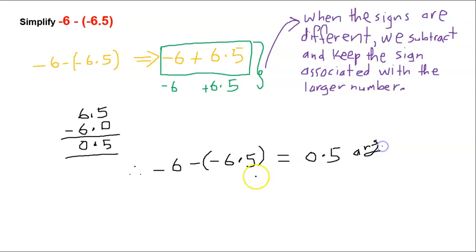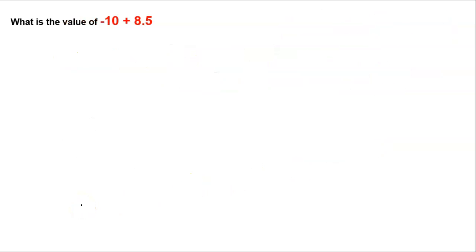Good, great. Now in this question we are asked to find the value of negative 10 plus 8.5. So we have negative 10 and positive 8.5. The two signs are different, and when the two signs are different, we subtract and keep the sign of the larger number.